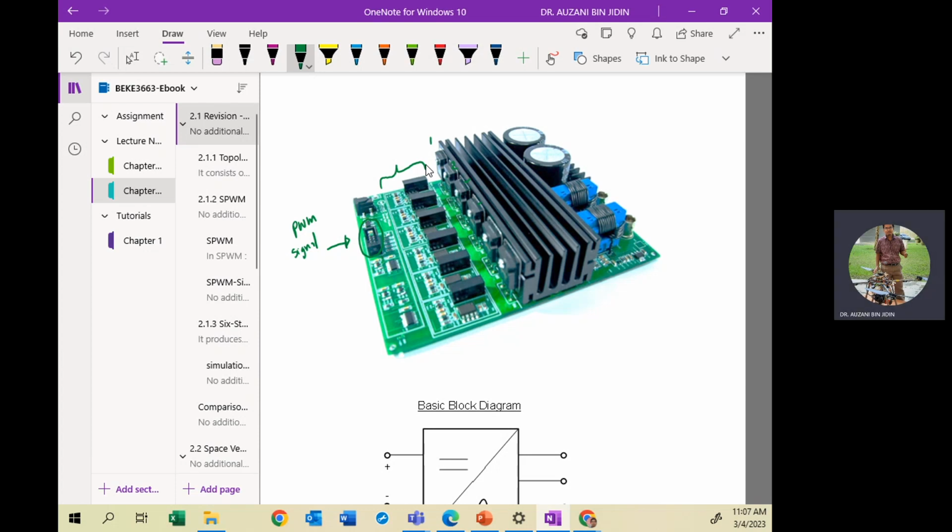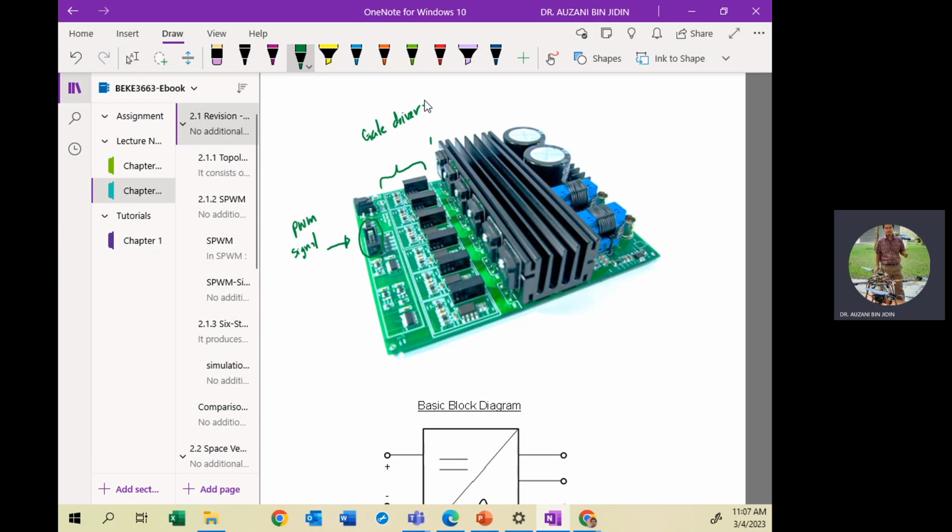Another function of the gate driver circuit is isolation. The grounding of the electronics part, which is the sensitive part, your DSP and expensive parts, must be isolated from the negative or grounding of the high voltage side.